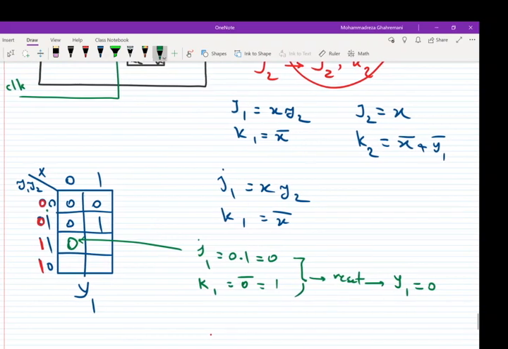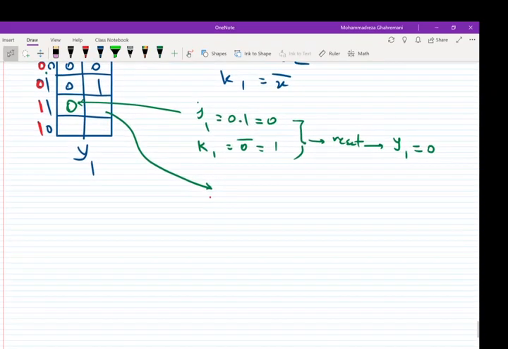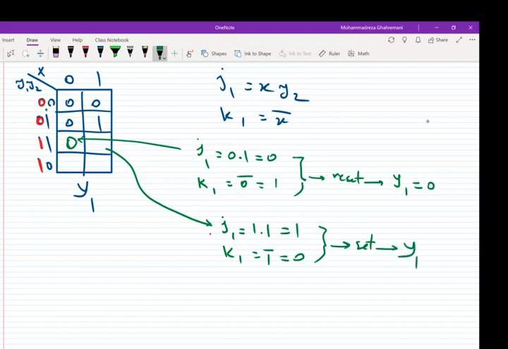For the next cell, which is here, we know that j1 is equal to x, which is 1, y2, which is 1, so it's 1, k1 is x bar, which is 0. 1, 0 means set, means capital Y1, which is next state, is equal to 1.